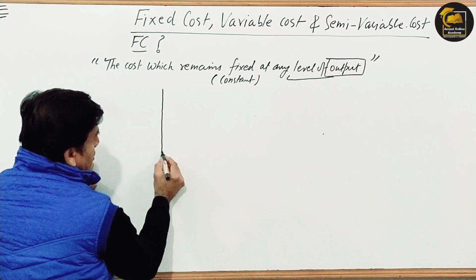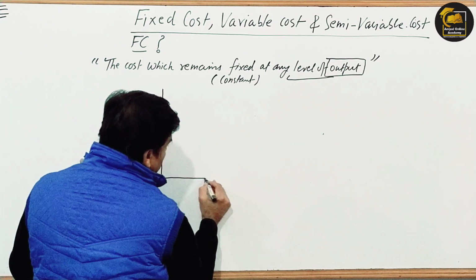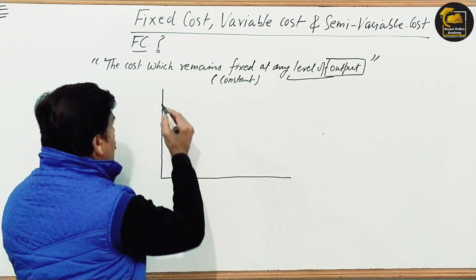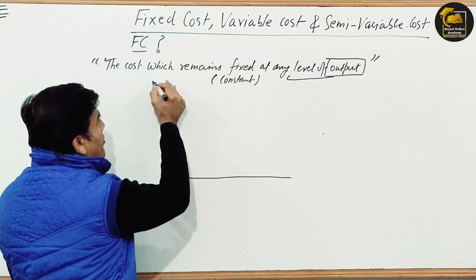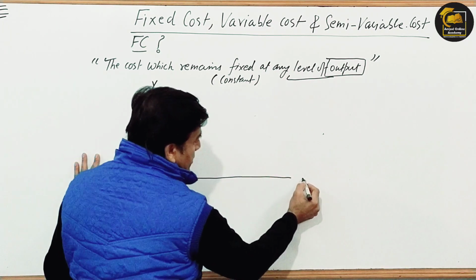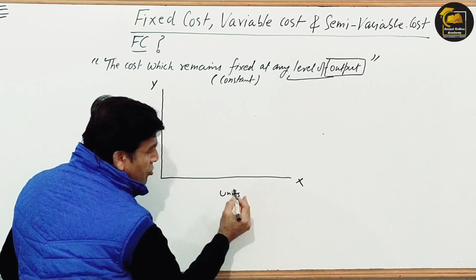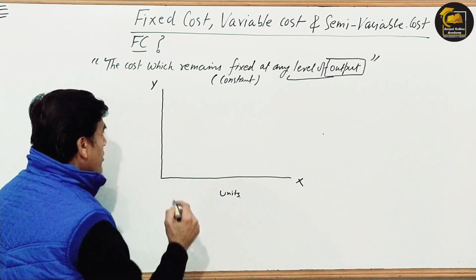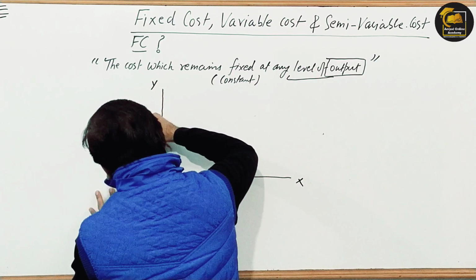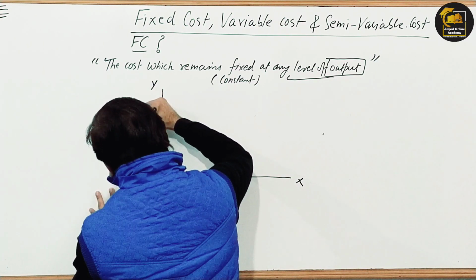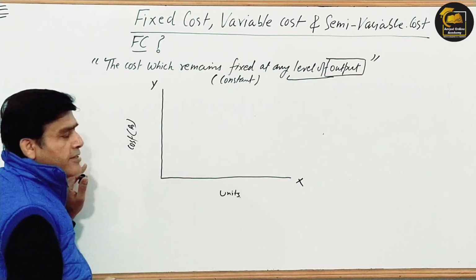If you diagrammatically present the fixed cost, generally units are shown on the x-axis, whatever you are producing, and your rupees cost is shown on the y-axis.